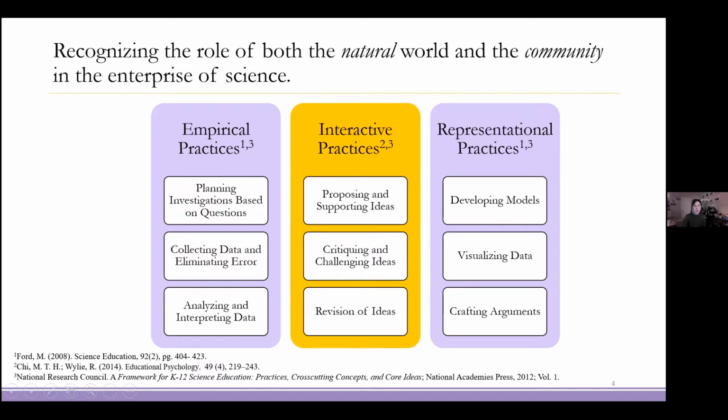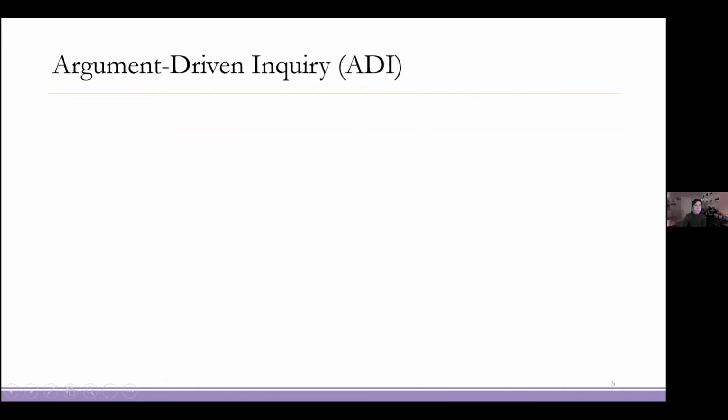The way that we have them practice scientific practices at East Carolina University is through a pedagogy called argument-driven inquiry. Instead of having students perform unique experiments every week, students perform investigations that last over 2.5 class periods, in collaborative teams of 3 to 4.